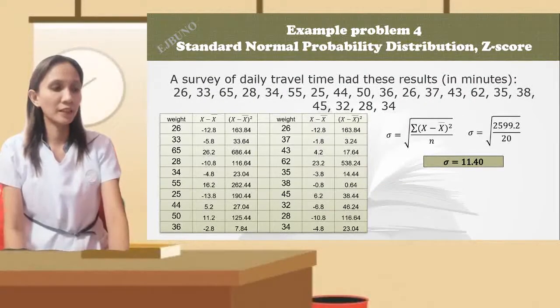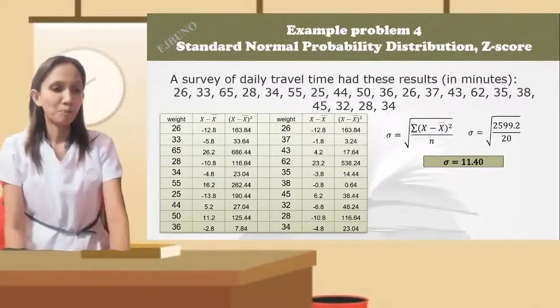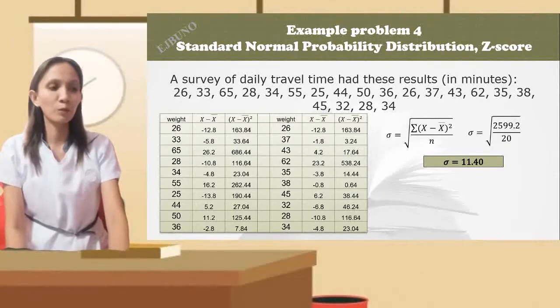And then next, you can see the table of how to solve the standard deviation. First, getting the value of x minus the mean. On the first line of the table, 26 minus 38.8 is equal to negative 12.8.